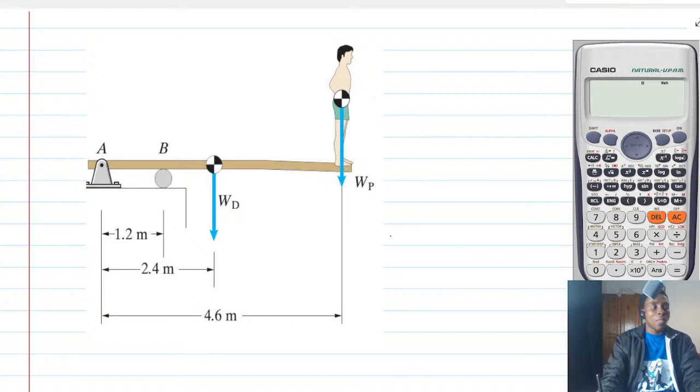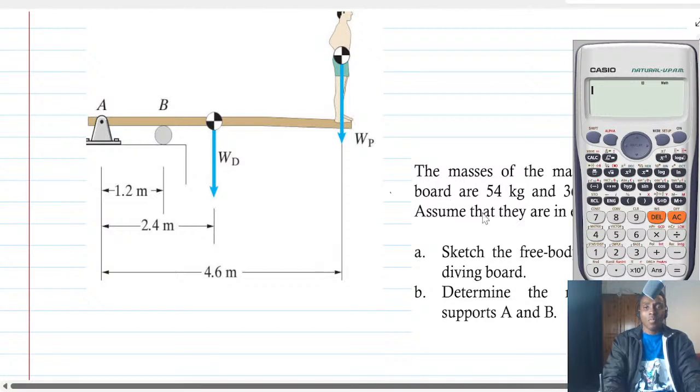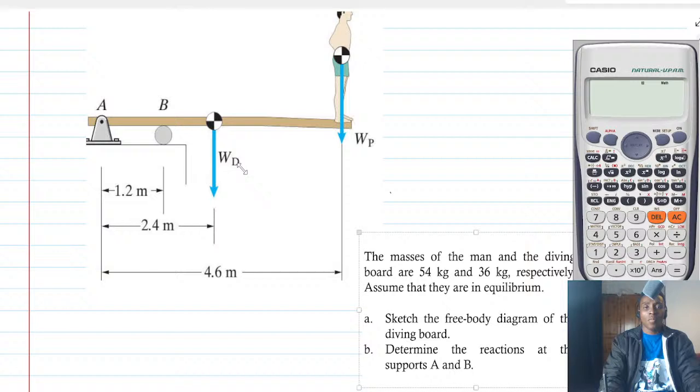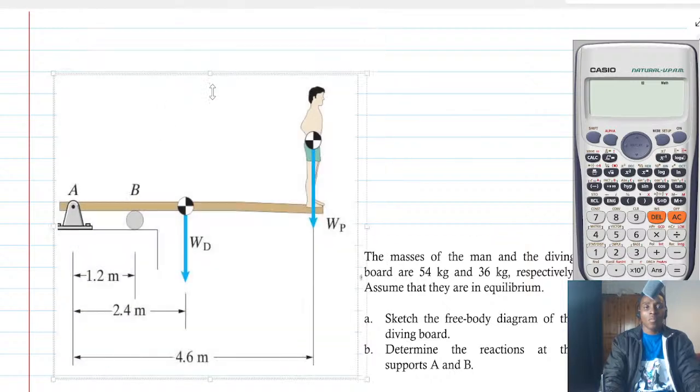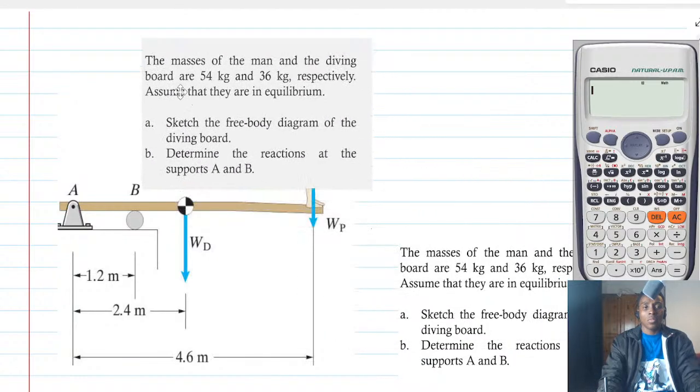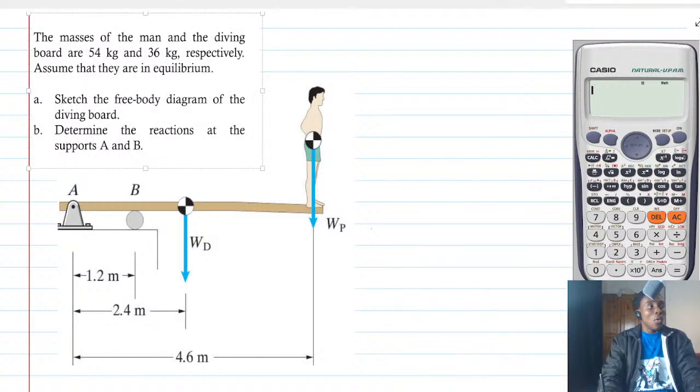So in this problem, how can I solve this problem?